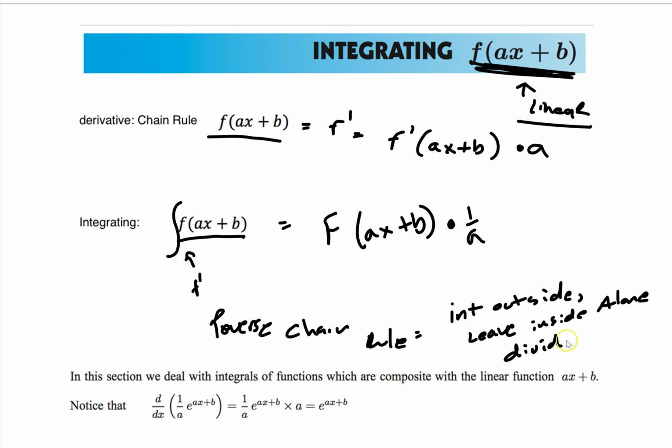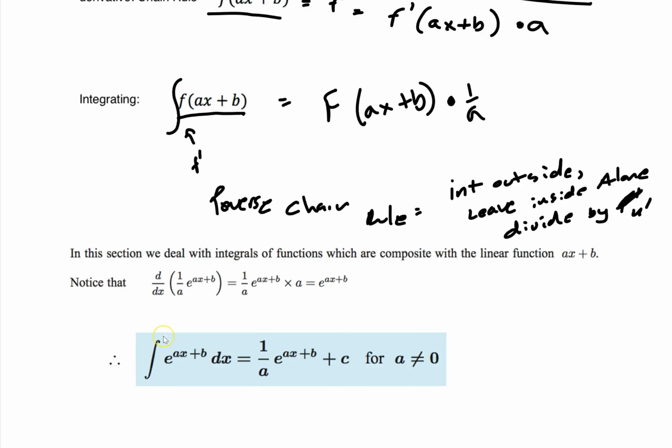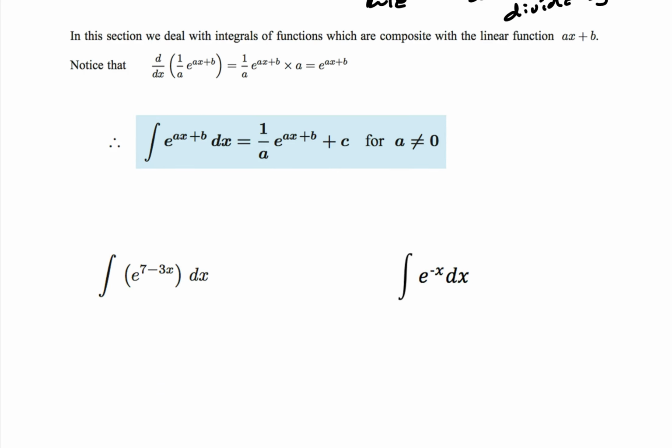It's the opposite. We're doing the opposite of the derivative. Divide by the derivative of the inside, or u prime. There we go. So that's the idea. And that's pretty much it. Let's do some examples. Let's start with e, because e is easy. The integral of e is just e. A little review, the derivative of e is just e.